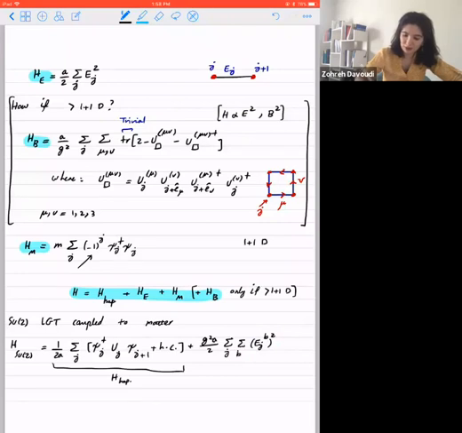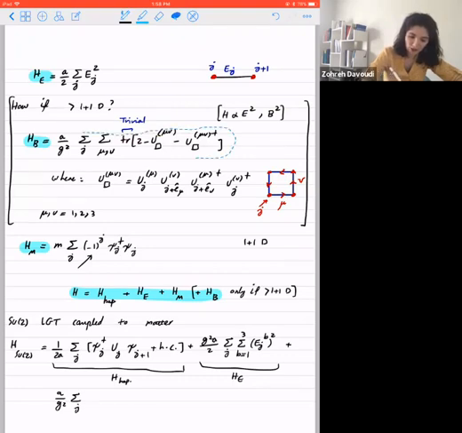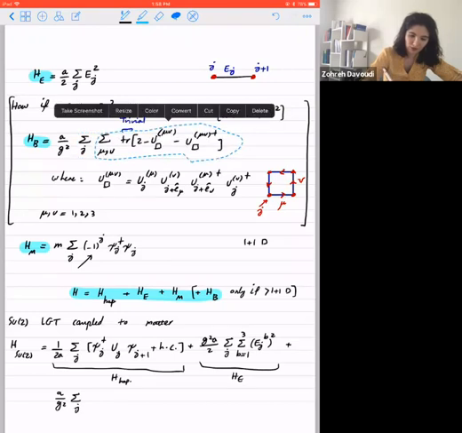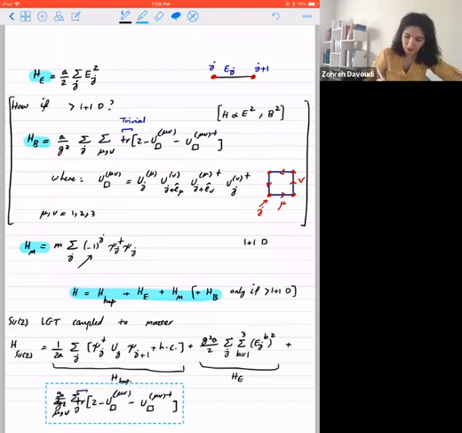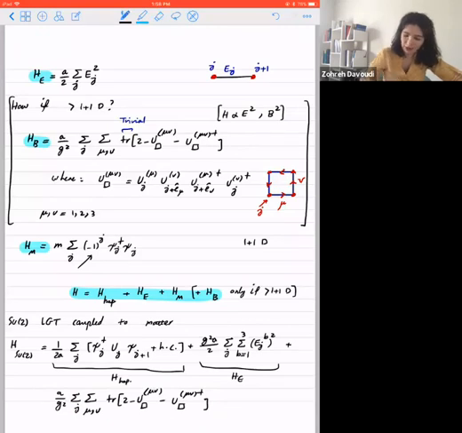This is the electric field term. And then we have a over g squared, sum over j, exactly the form that I have here, so I can just copy and paste this over there. This is now the plaquette term or magnetic term, H_B, plus also the mass term, just as before.